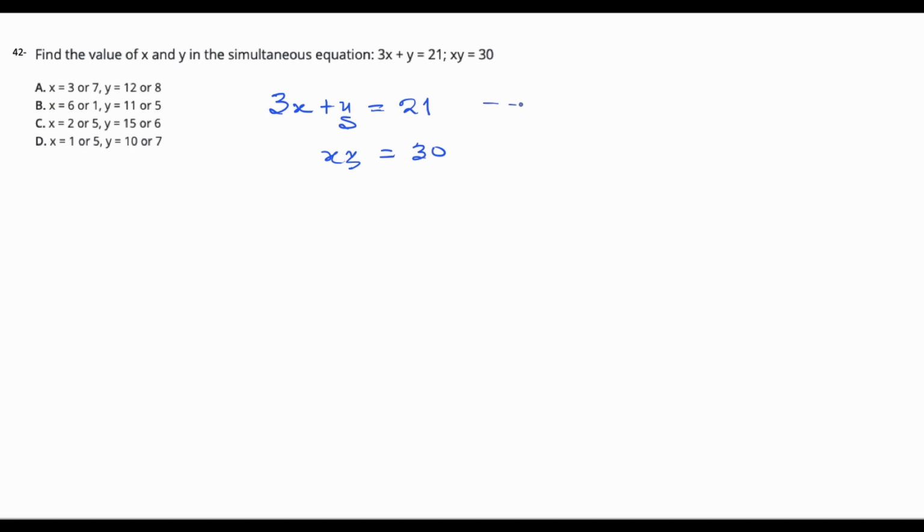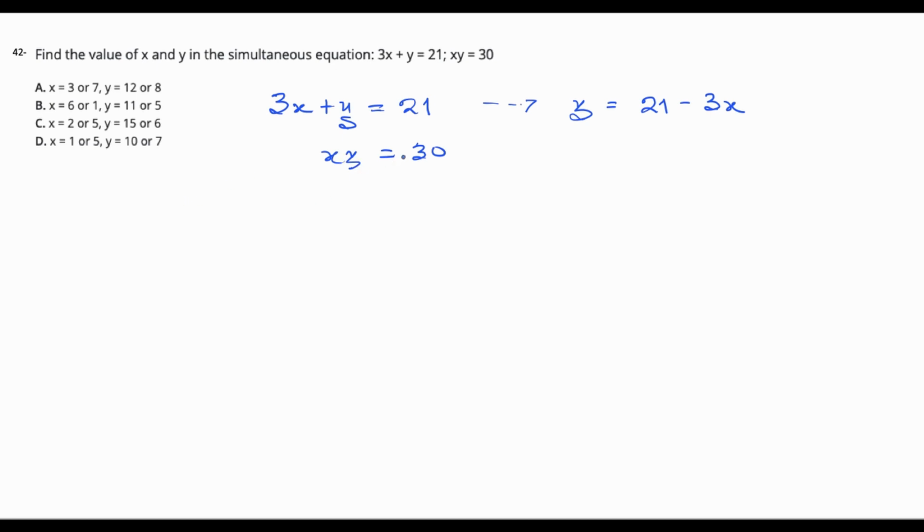So from equation 1 here, if we make y the subject of the formula, we'd have that y is equal to 21 minus 3x. So now that we have y here, we can substitute y into equation 2 and then solve for x.